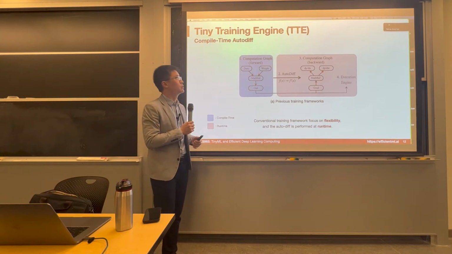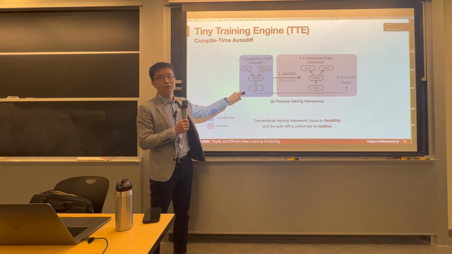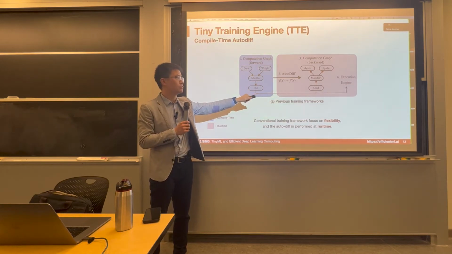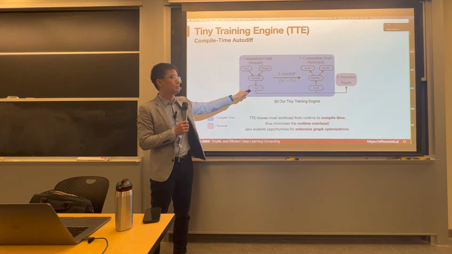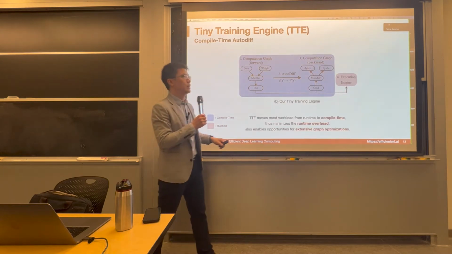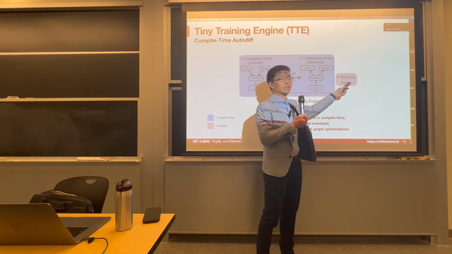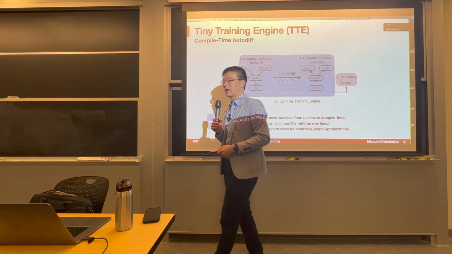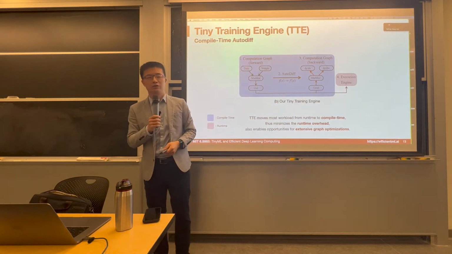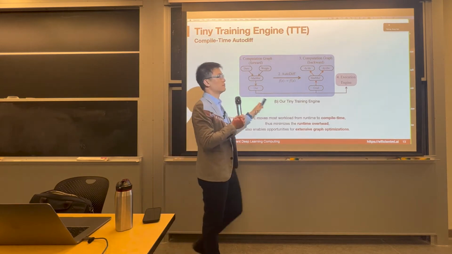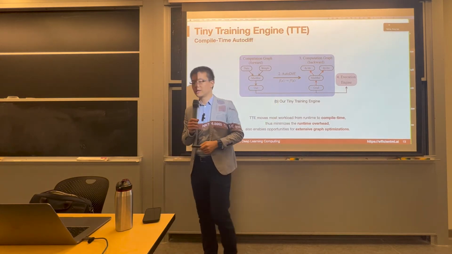So this is our motivation to offload a lot of runtime operations in RAD and push them to compile time, right? So this is the actual execution latency and memory we have to pay during training, right? And these are all done at the compile time, right?